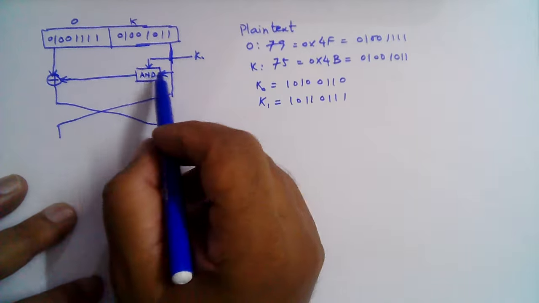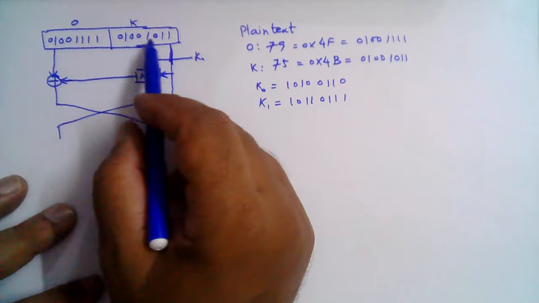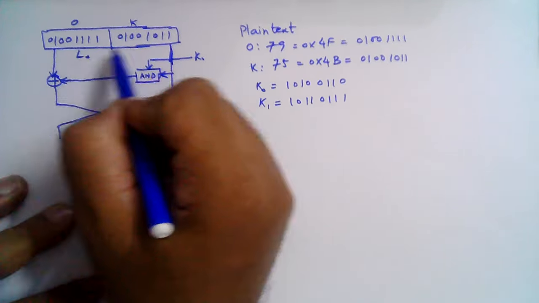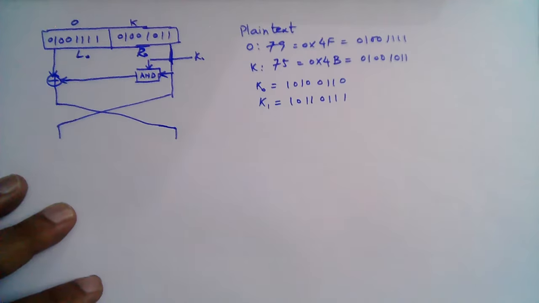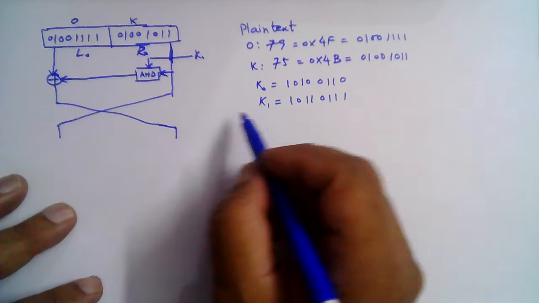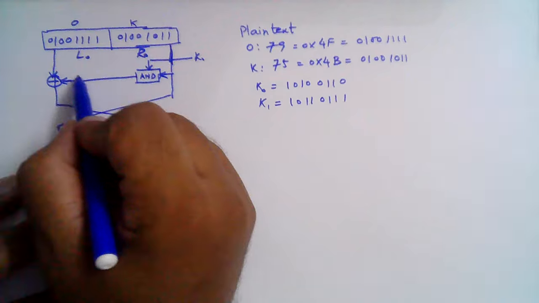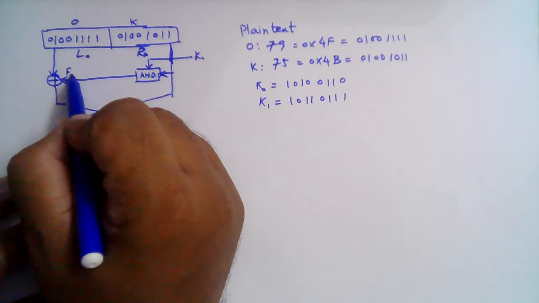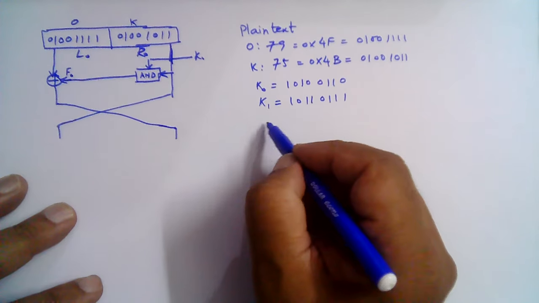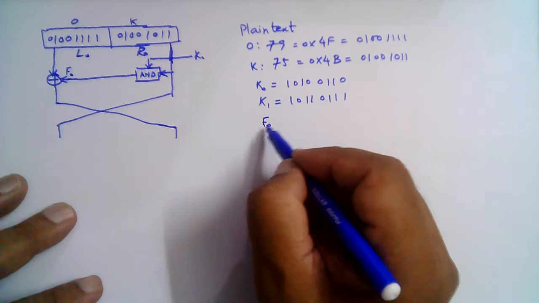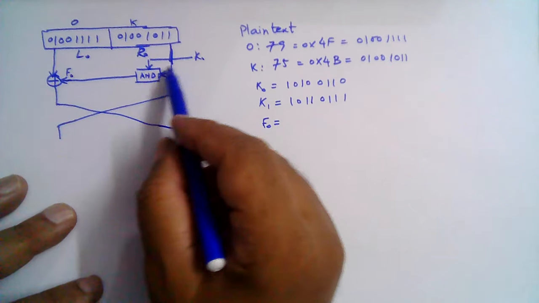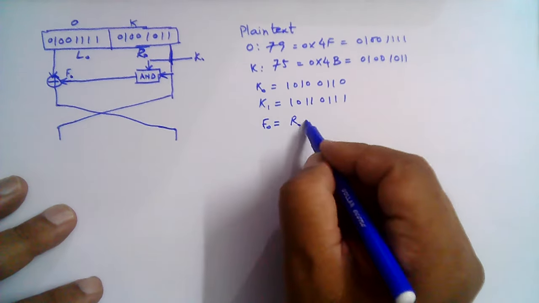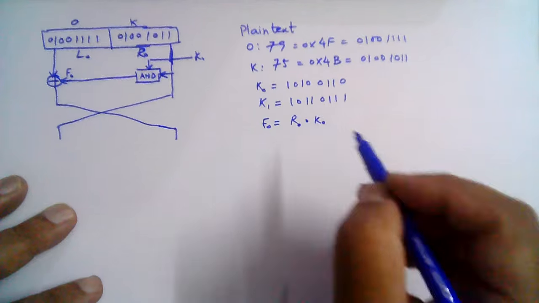So let's perform this AND operation first here with this left half L naught. This is the L naught. This is the R naught. And let's call the output here F naught, right? F naught is basically equal to the AND of R naught and K naught.